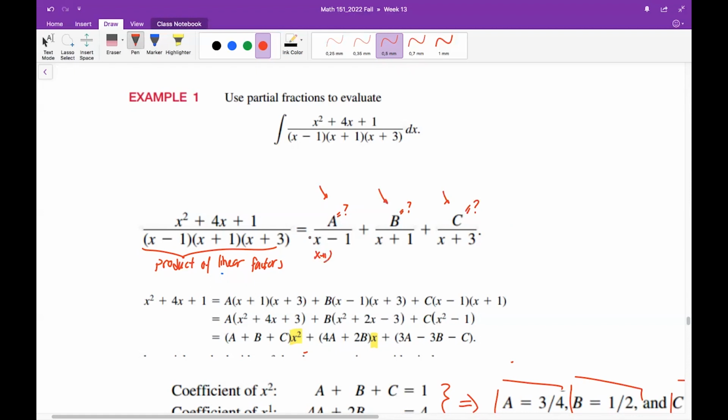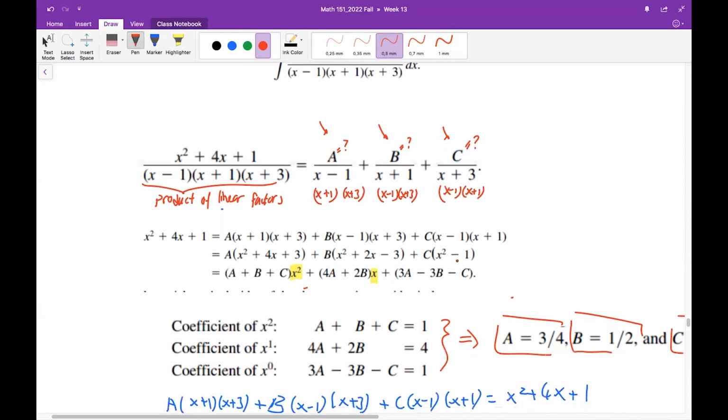So you should think, what is missing here to reach this common multiple? Look at the denominator. These two are missing for the first term, and for the second term, this and this are missing. For the last term, you need to multiply with these two.